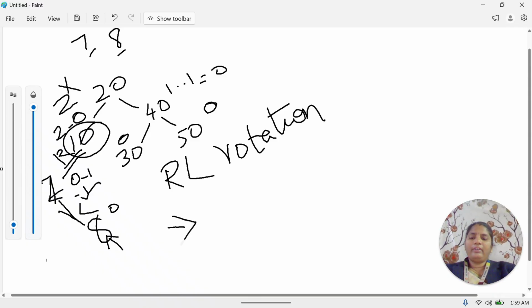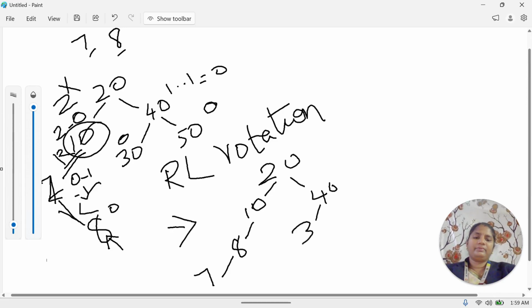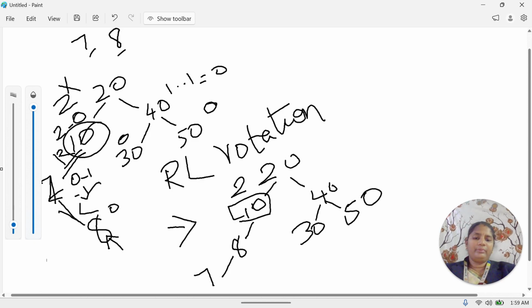After performing the right rotation, 20, 10, and 8 and 7. The remaining we can put as such. So we have performed only one right rotation here. Still the balancing factor of 10 is not modified.